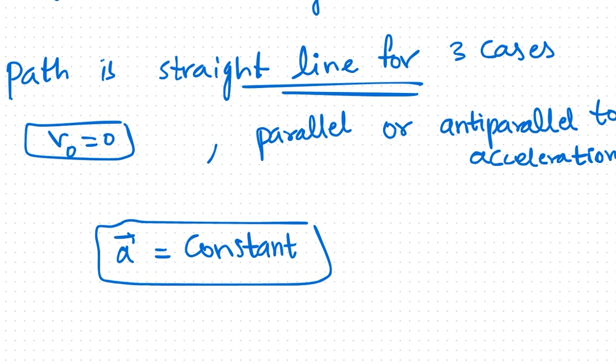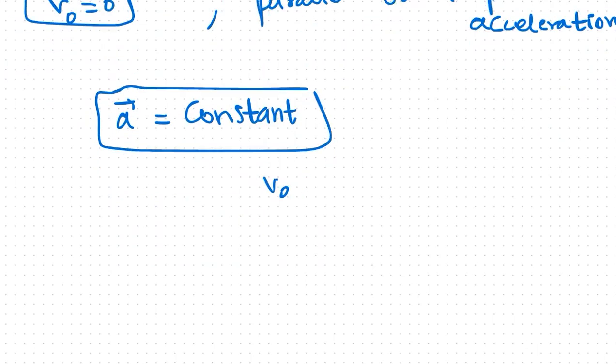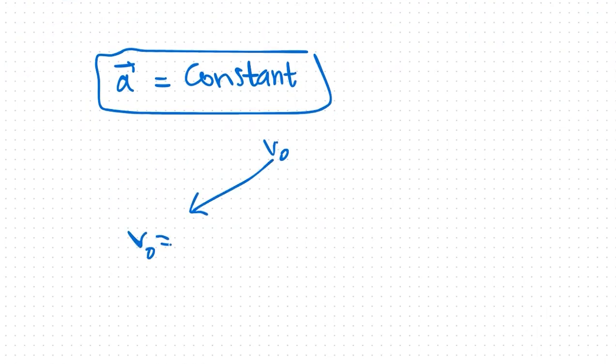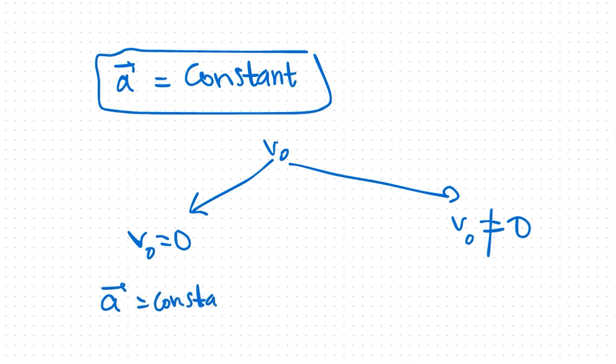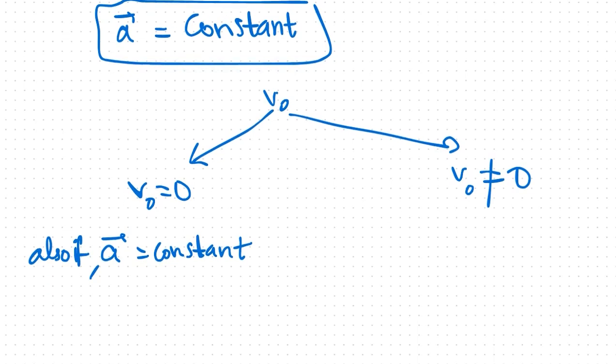But if, okay, let's talk about v0. If v0 is 0 and acceleration is constant, straight line path.